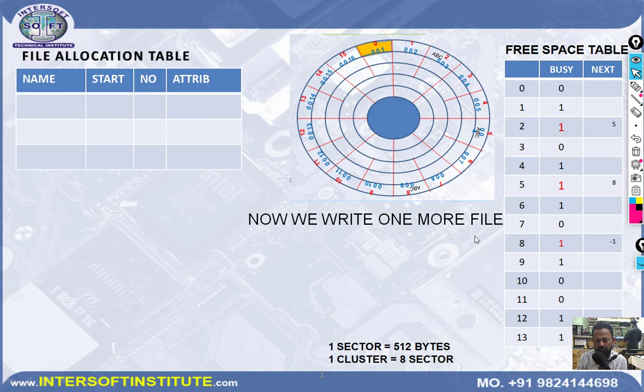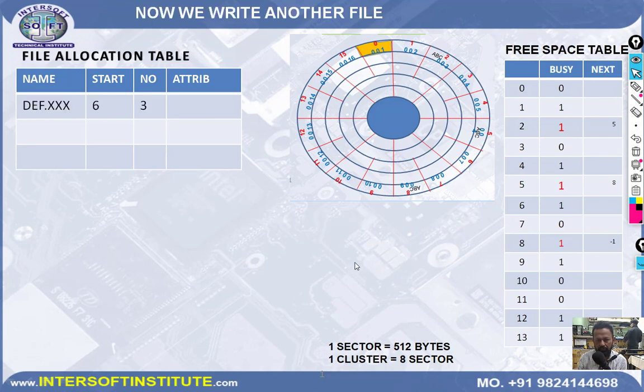Now we write one more file. We write DEF, whose starting cluster is 6. As 6 is free, he has taken 6 as the starting, and the total size is 3 clusters.